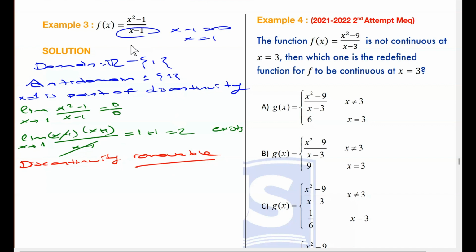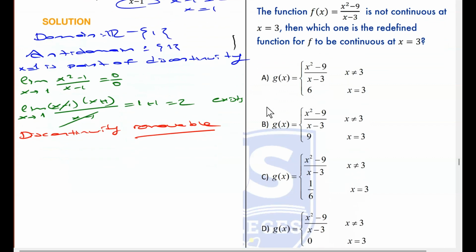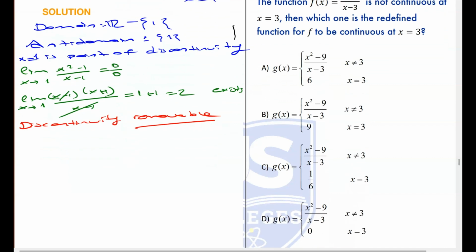We can fix this function. We can make this function continuous. How do I make this function continuous? Let me show you. As in the rule, we're going to write the newly defined function by using a piecewise function. For the first condition, we write the original function, which is x squared minus 1 over x minus 1.